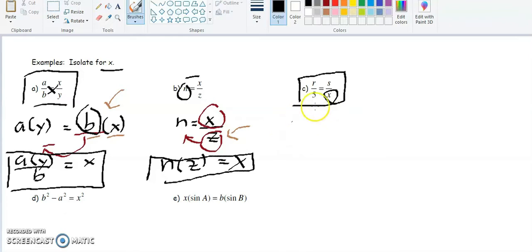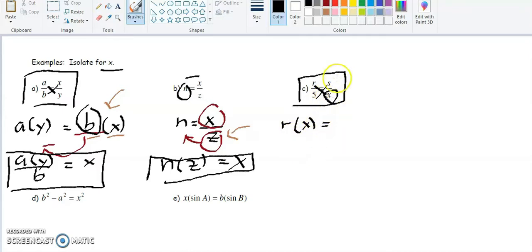Cross multiply. That's right. So cross multiply. So when you cross multiply them, you will have r times x. So remember, once again, when you do cross multiplication, you have to basically do the opposite of what you're doing, right? So that's why we call it cross multiplying, right?